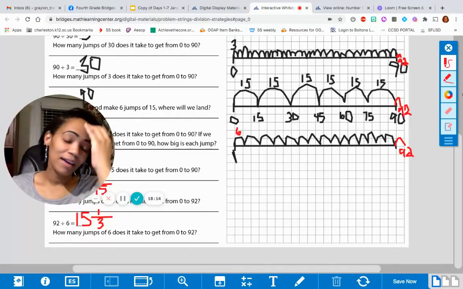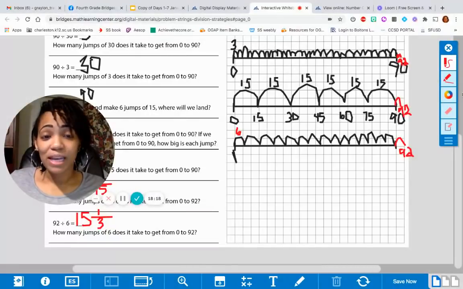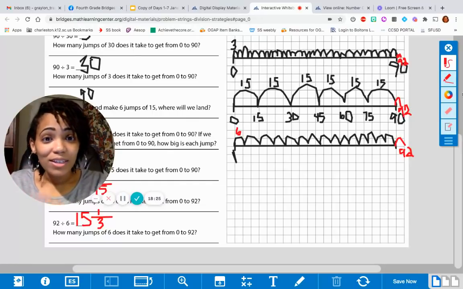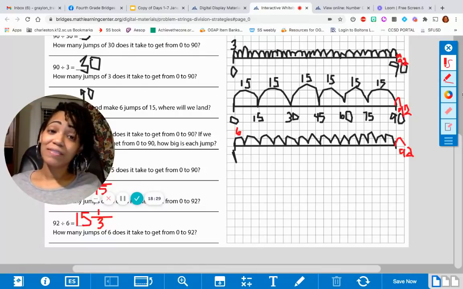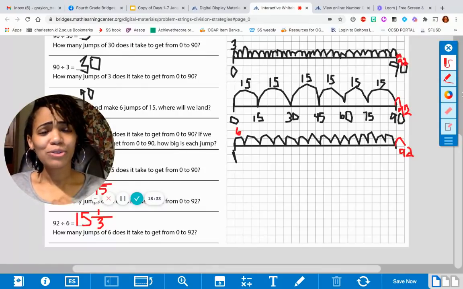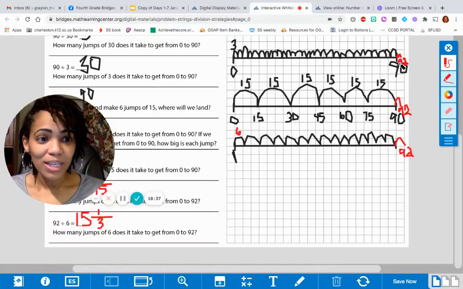So today we have done multiplication and division. We know that multiplication and division are inverse operations. They're related to each other. If you know one operation, if you know multiplication, then you can figure out the division. If you know the division, you can figure out the multiplication. But we also stress the importance of representation using a number line.